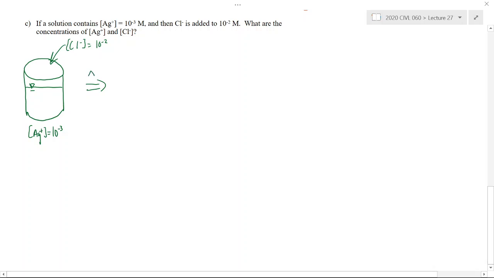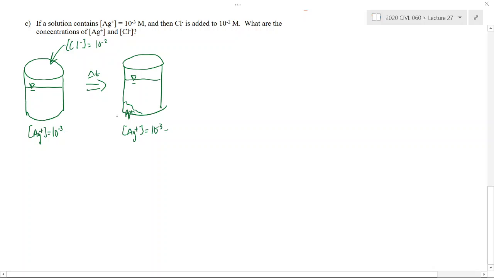So some time period later, I've got the same beaker, my water surface, and a precipitant forms, silver chloride precipitant, and my silver concentration is now 10 to the minus 3 minus whatever precipitated.